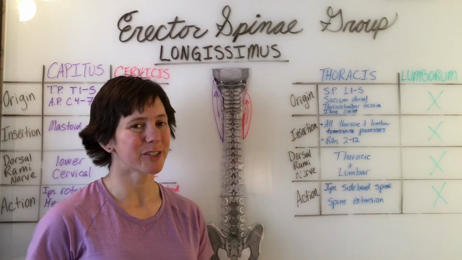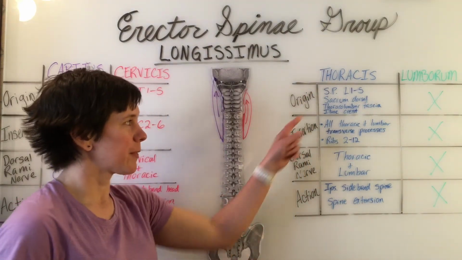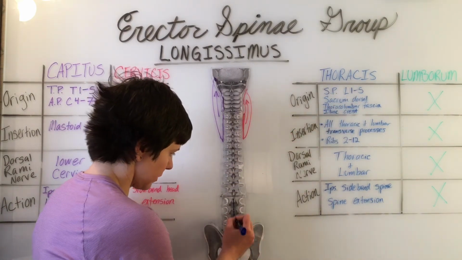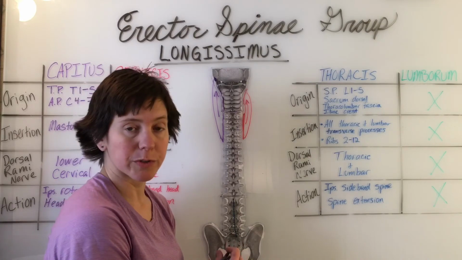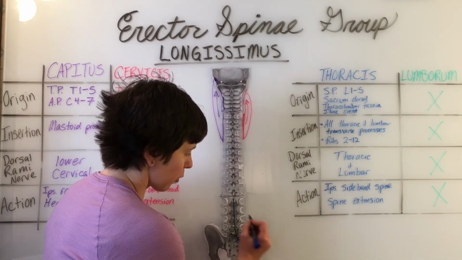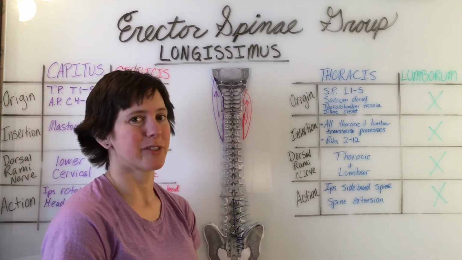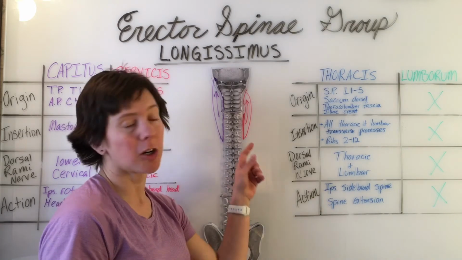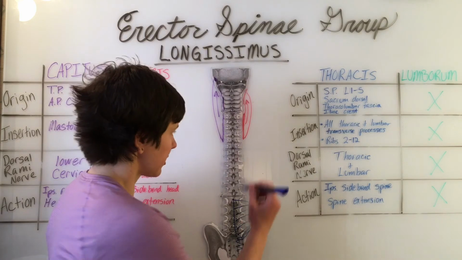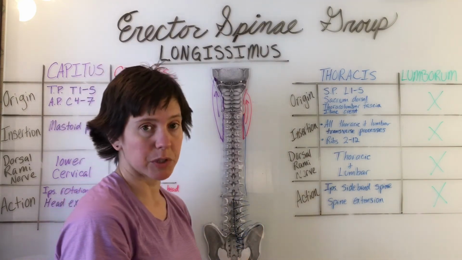Lastly, we have Longissimus thoracis. Longissimus thoracis originates on the spinous process of L1 through 5, the dorsal surface of the sacrum, the iliac crest, and the thoracolumbar fascia. The Longissimus thoracis will insert on all of the thoracic and all of the lumbar transverse processes, as well as ribs 2 through 12.